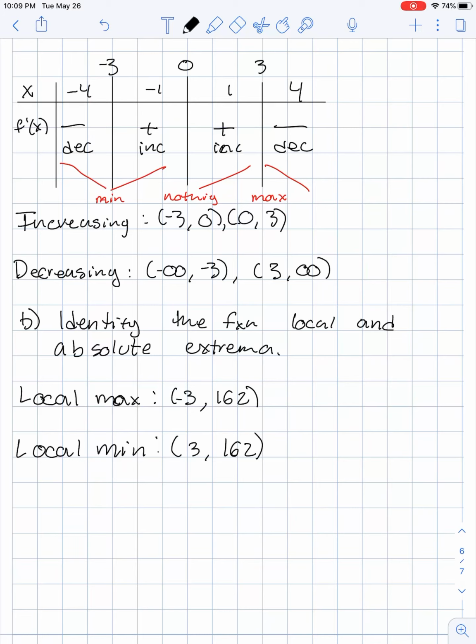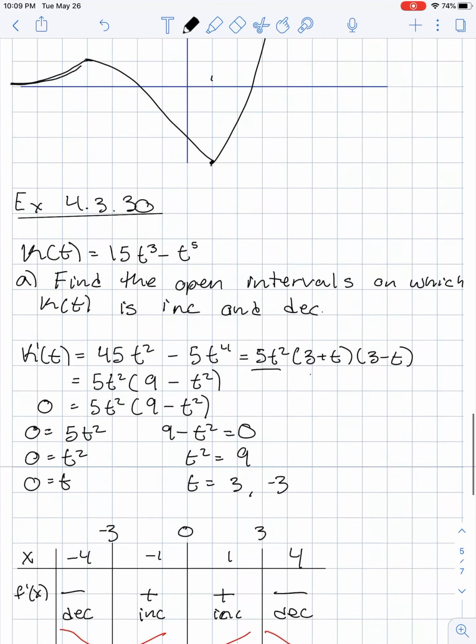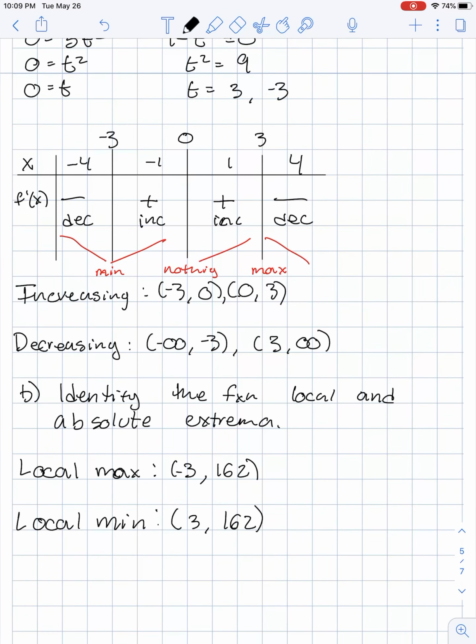Because it would be 15 times 27. And then instead of minus, it'll be a plus. So plus 3 to the 5th power. Okay, yeah, duh. -162.